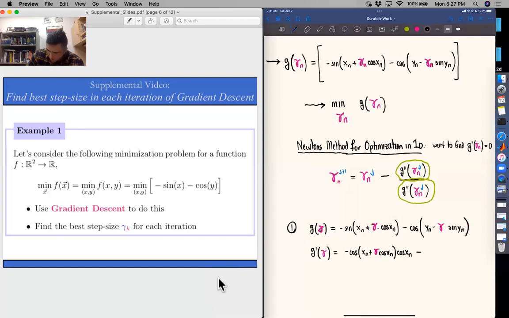Now we do the other term, taking the derivative of that minus cosine term. We start from the outside in doing chain rule. So the derivative of minus cosine gives us a positive sine, and again we get positive sine of everything that's there, yn minus gamma times sine of yn.